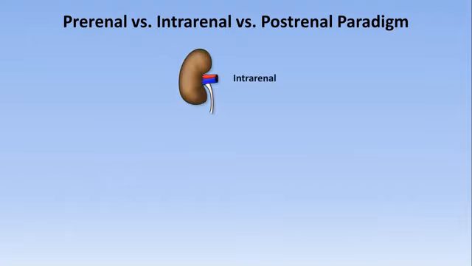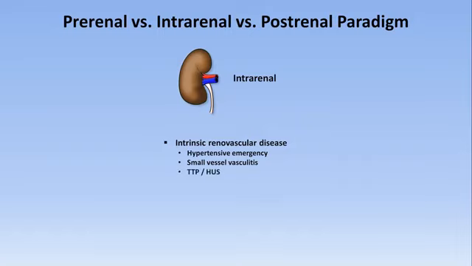One can subdivide intrarenal etiologies. So, there is intrinsic renal vascular disease, in which the problem is in the small blood vessels within the kidney. This category includes hypertensive emergencies, small vessel vasculitis, and the related conditions of thrombotic thrombocytopenic purpura and hemolytic uremic syndrome.